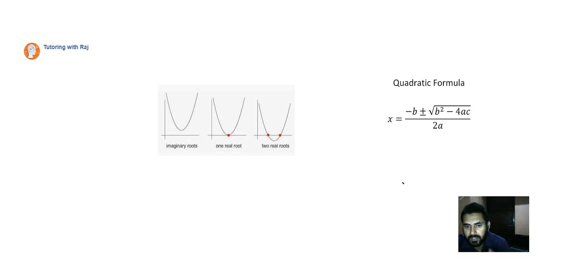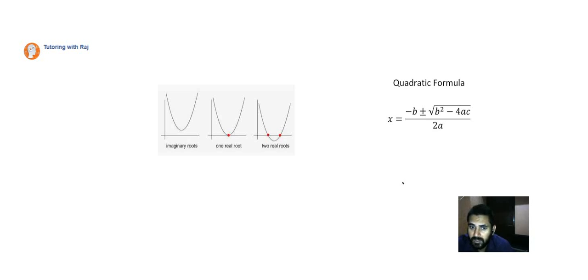Today we are going to discuss quadratic equations and functions. We are going to deal with some of the properties of quadratic functions: how we can decide whether a quadratic equation will have two roots, just one root, or no root at all, and what formulas we use to solve quadratic equations.